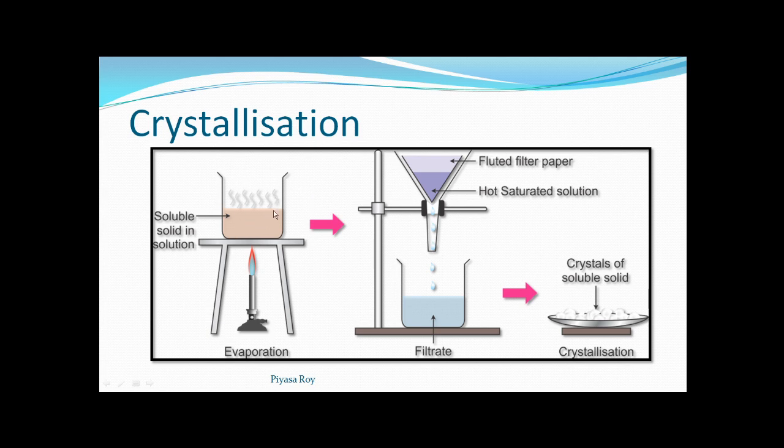For the crystallization process, first of all we will take the solution, the particles which are soluble in water, and make it soluble in the beaker. We will make a hot solution, so that maximum solute will dissolve in the solvent, so that we can get a saturated solution.